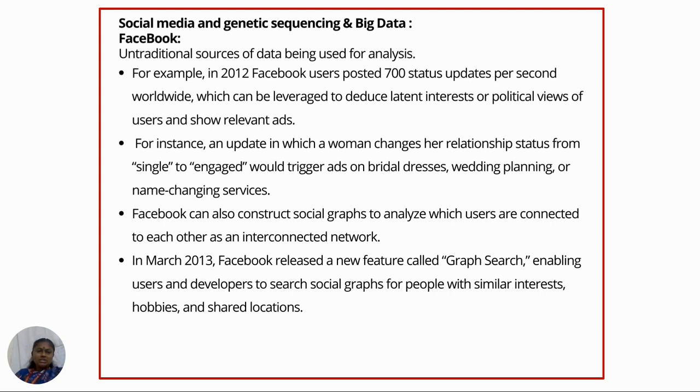Let me see the first one, Facebook. Minimum 700 status updates are posted per second all around the world. This is the measurement that was taken in the year 2012.